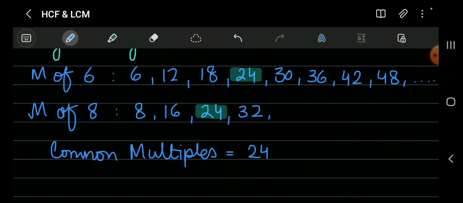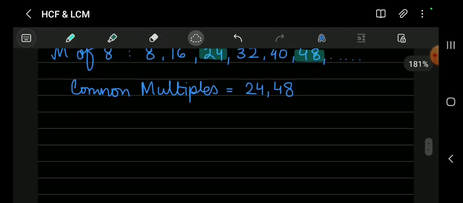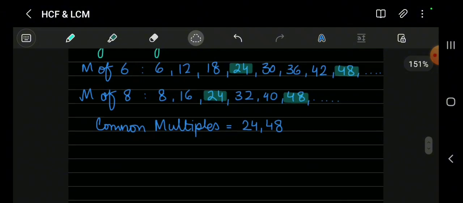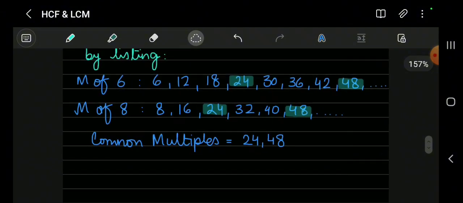Now write some more multiples of 8. 8 5s are 40, 8 6s are 48. See, when we wrote some more multiples, we get one more common multiple, and that is 48. So what are common multiples from the multiples that we wrote? 24 and 48.